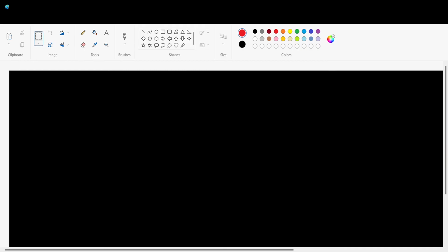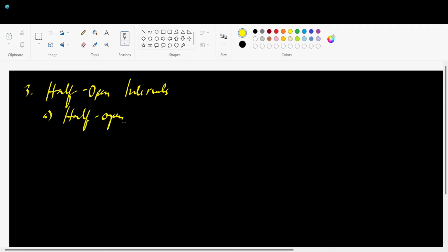Next, we have half open intervals. The first one is half open on the right. So how do we indicate that? Half open on the right, so it must be closed at the left, closed at the left, open at the right.